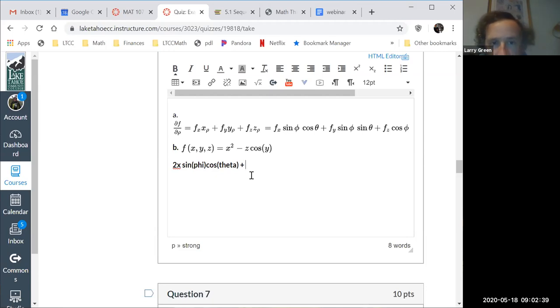So the negatives go away and you get z sine of y times sine of phi sine of theta, is what I meant.